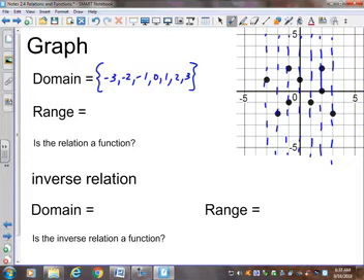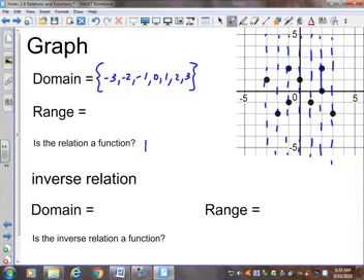Now that is very important to look at also is the relation a function. So let's go ahead and do that part. Each vertical line can only touch one point for each x to have only one answer. And there are two places that this one breaks that. At -1, there are 2 points. And at 2, there are 2 points. And all it takes is one place for it to break that rule. Each vertical line can only touch one point, because that means each x has one unique y value.